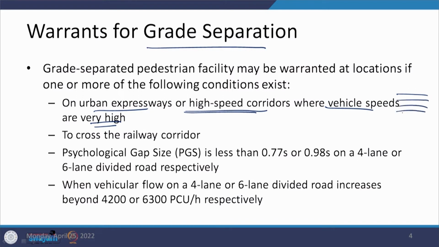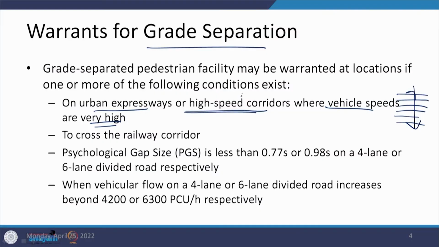At the same time, the number of lanes on this facility are multiple, which may be 4 or more. If you have a combination of the total distance to be travelled to cross along with the speeds, it becomes too hazardous for the pedestrians to cross at grade. At grade crossing should not be there in such an environment.